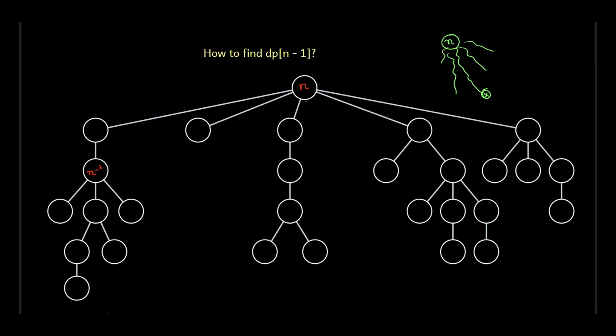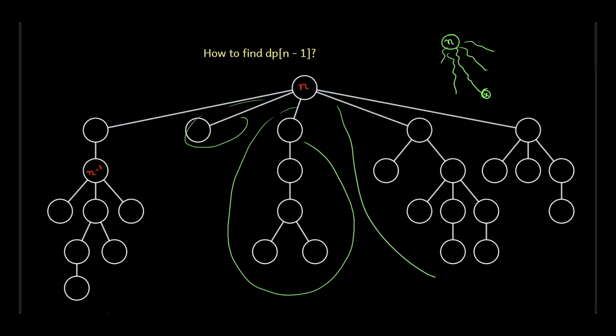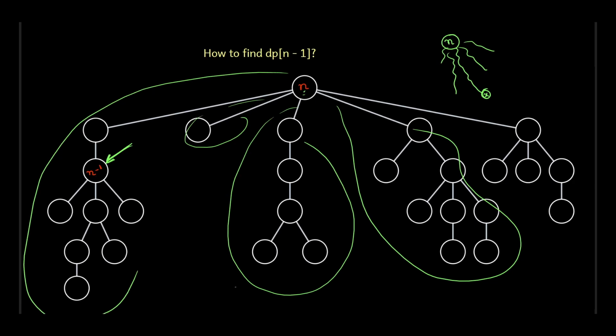But is there actually anybody in this area or in this area or in this area that is powerful enough to delete n minus 1? So you can see that nobody is powerful enough to delete n minus 1. So nobody can actually expose n minus 1 as a leaf node except somebody from this area itself.